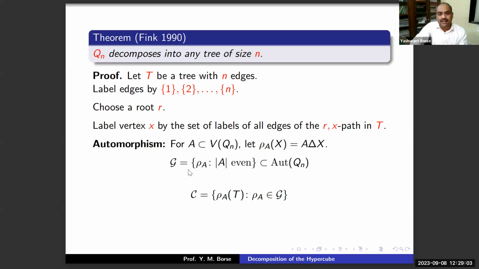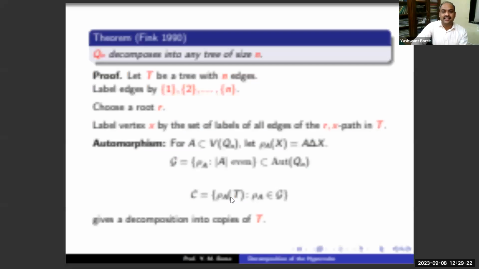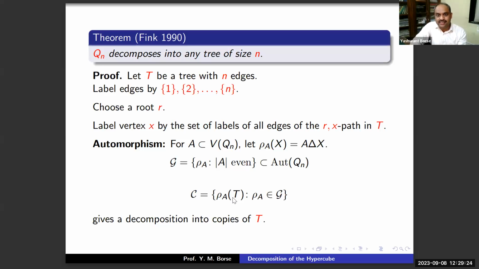And how many members does this group G have? All those fellows, when you apply on T, give disjoint trees. I'm not proving disjointness here, but they are all disjoint. So this collection C is a collection of disjoint copies of T, and all these copies together decompose Qn.